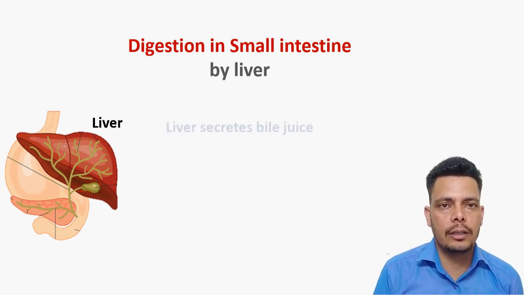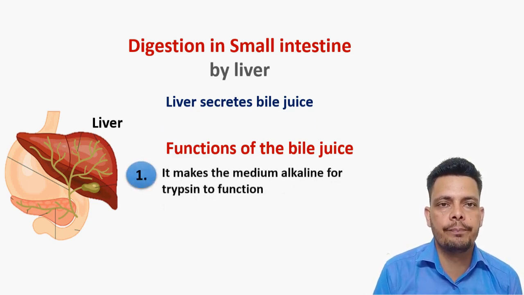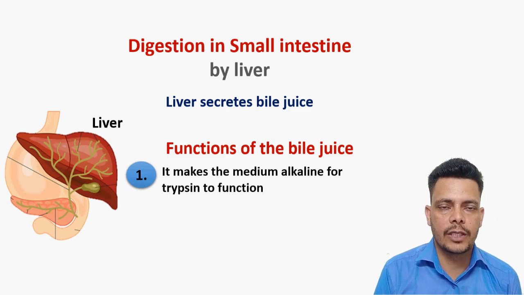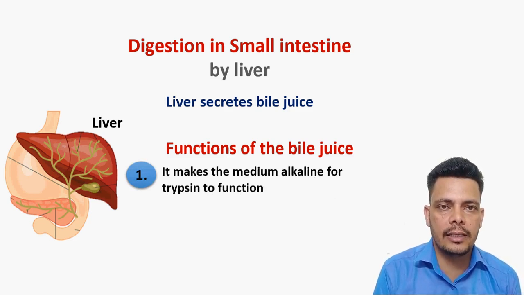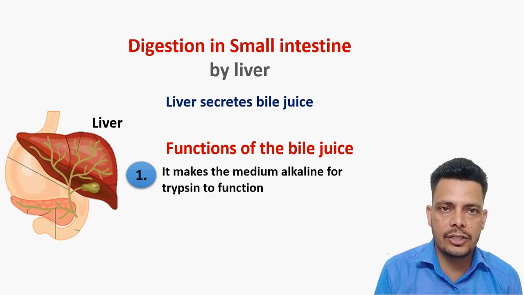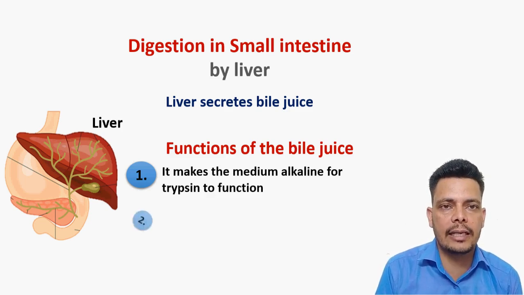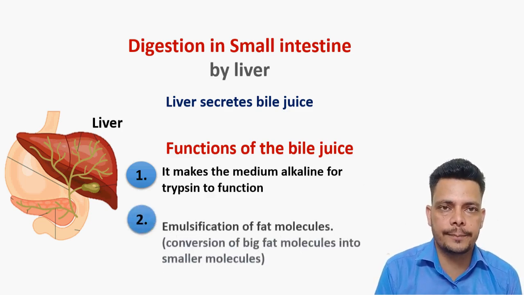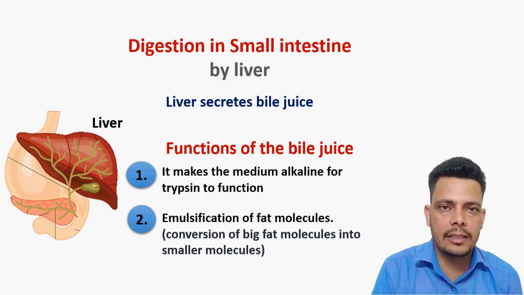Now the bile juice has two functions. The first function is that it makes the food alkaline, which is required for trypsin to act. As you have seen in the stomach, the pepsinogen was made active by the HCl. In the same way, the bile juice provides an alkaline medium which activates the trypsin. The second function of the bile salt which is present in the bile juice is emulsification of the fats.